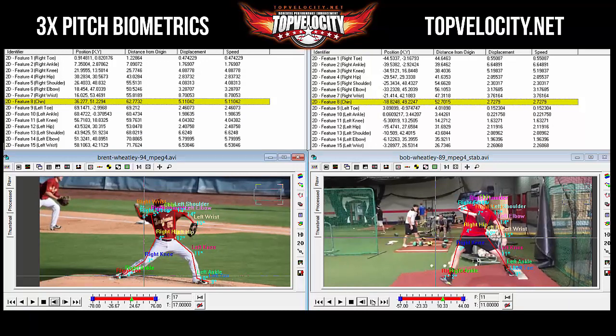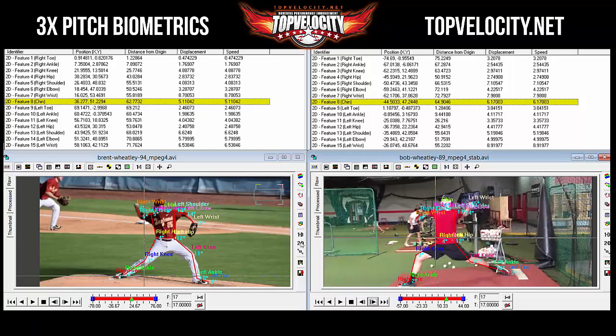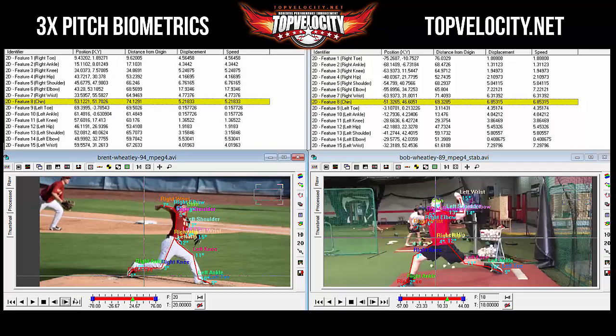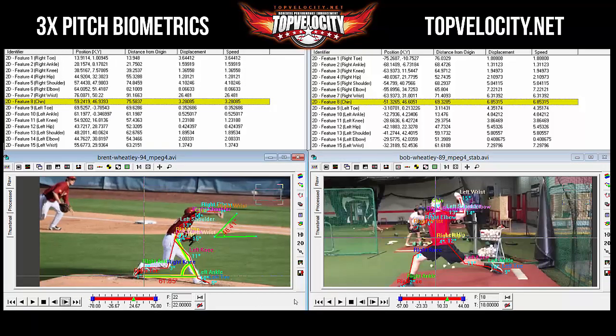So starting movements late allows them to. Brent loses stride length, but he gains more separation and more later force production with that front leg activity.